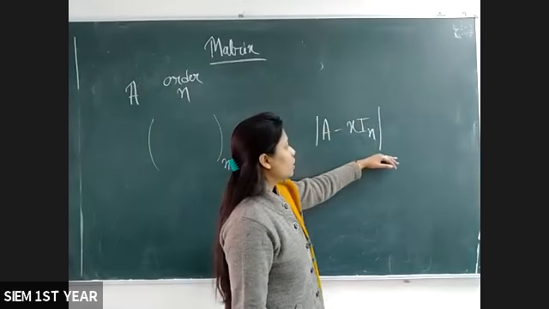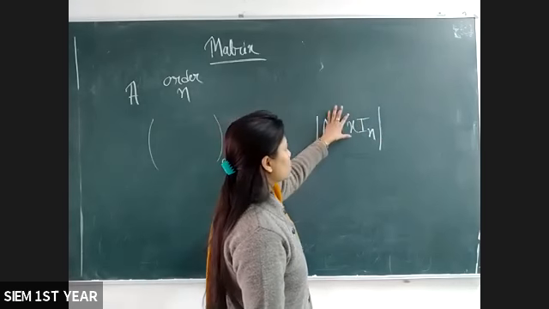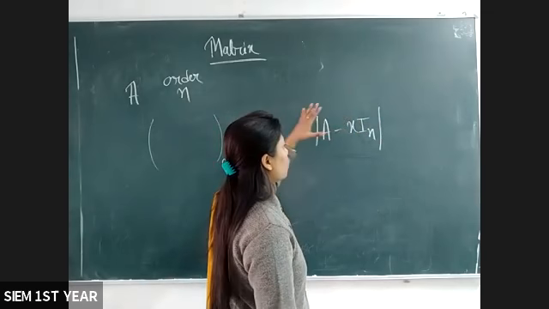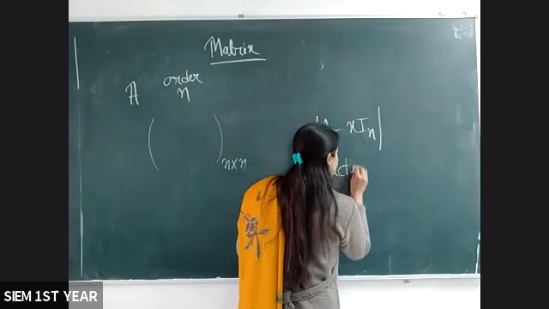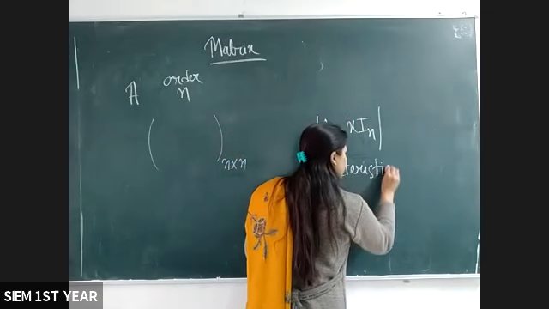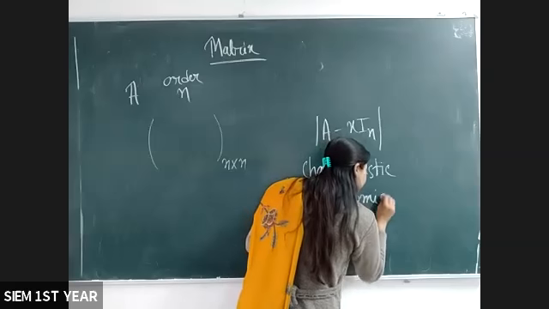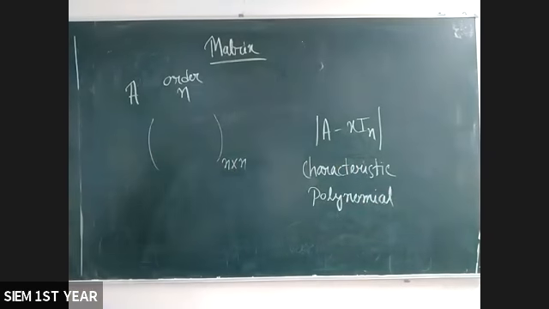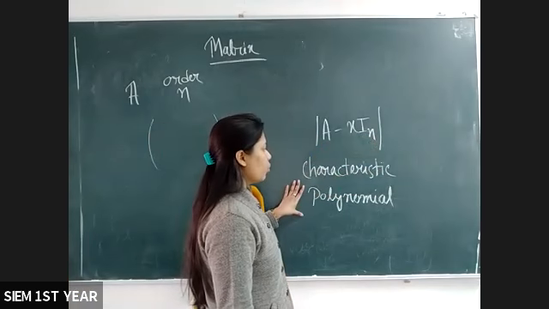If you expand this, you will get a polynomial in x. This polynomial is called the characteristic polynomial. Clear? Any polynomial determinant A minus x I n is called the characteristic polynomial.